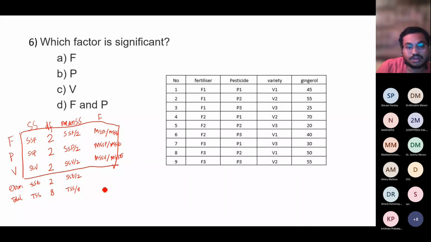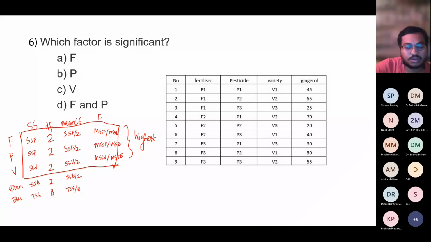We don't need to calculate this for the other two. We are just considering these three factors, and whichever of these three has the highest F value, we will say is the most significant factor.